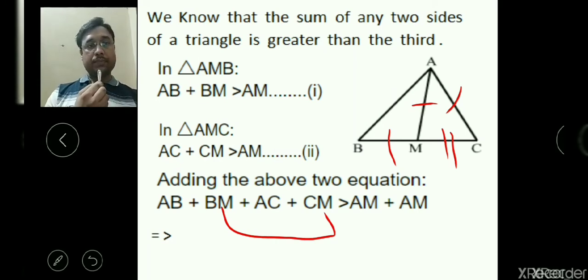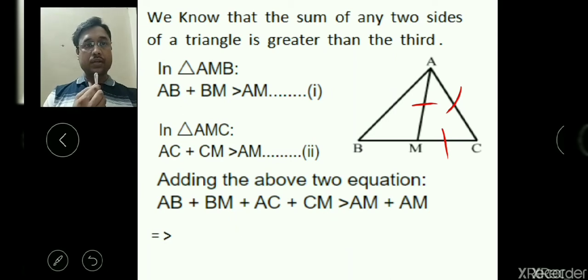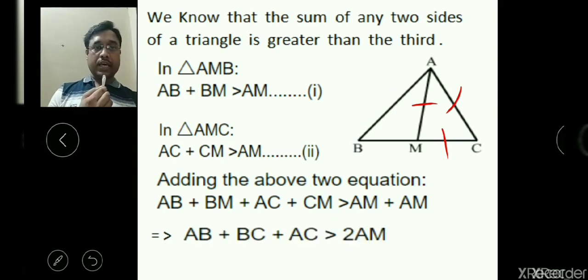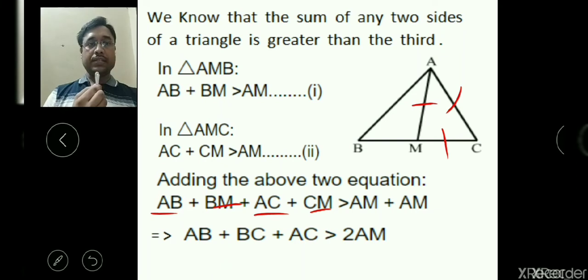According to the figure, BM plus CM gives the total line segment BC. Therefore AB plus BC plus AC: AB and BC remain as they are, and the sum of BM and CM gives BC. So this way we have proved that the sum of all the three sides AB plus BC plus AC is greater than double the median, that means greater than 2 AM.